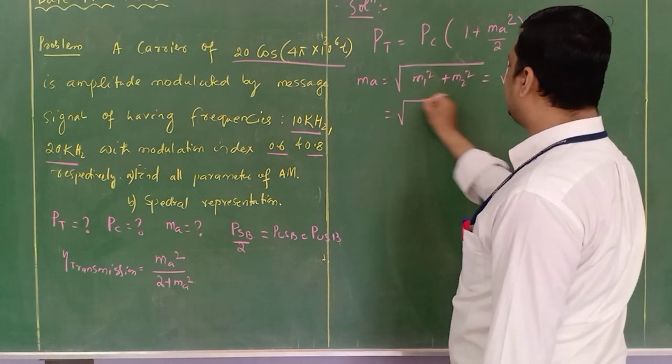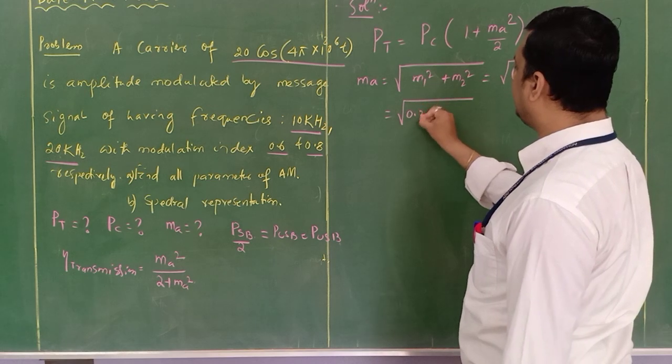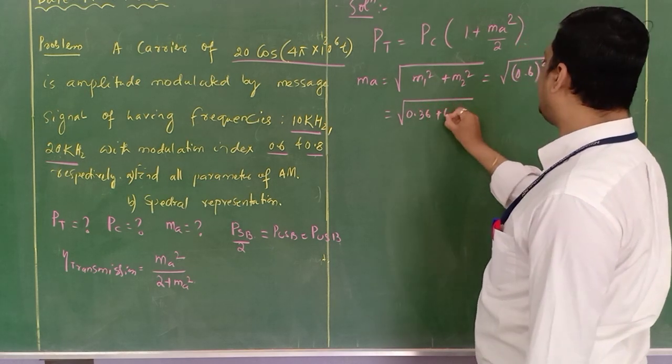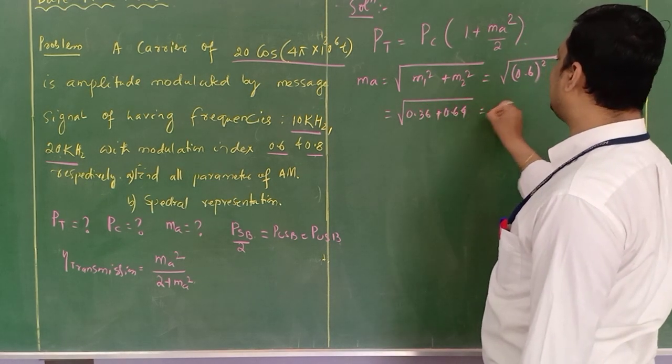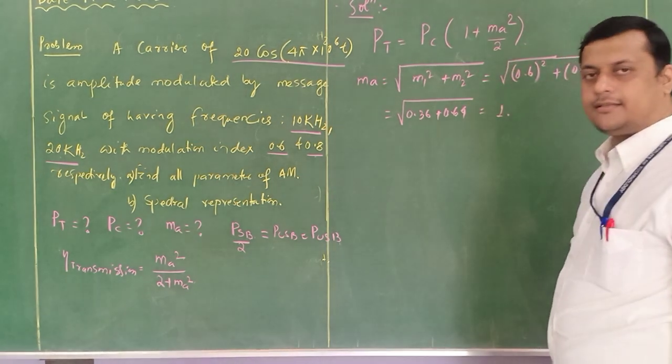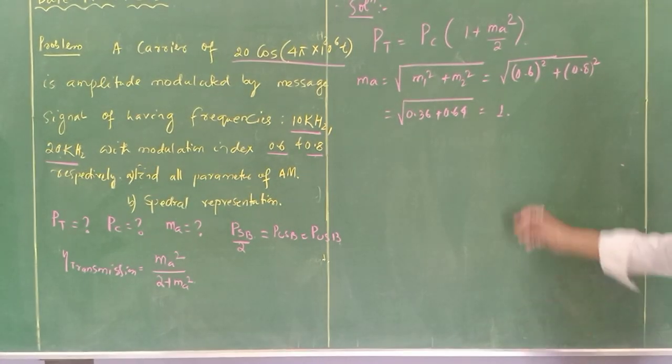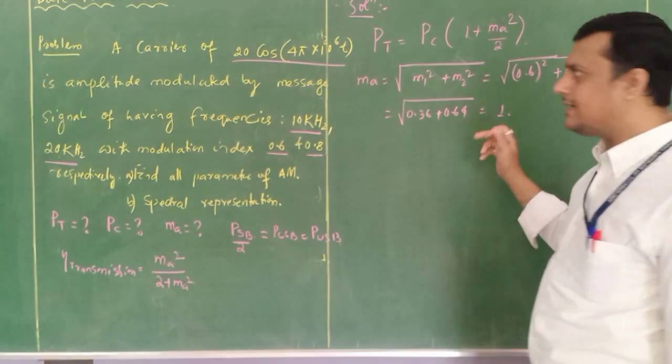So 0.6 squared is 0.36, 0.8 squared is 0.64. That means the resultant will be 1. So the net modulation index we have got is 1.